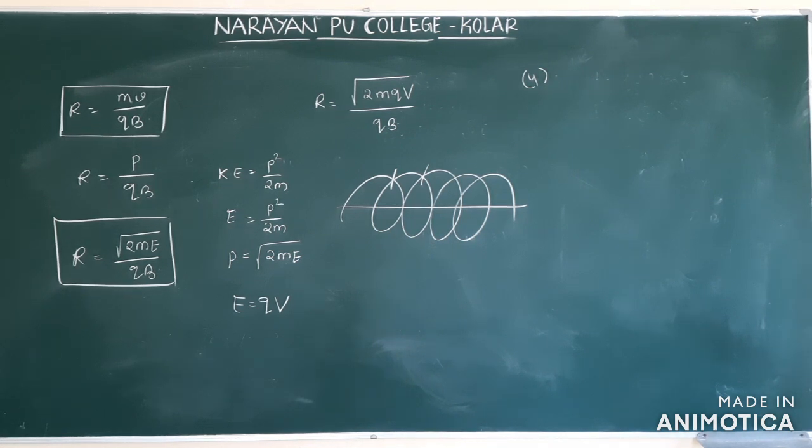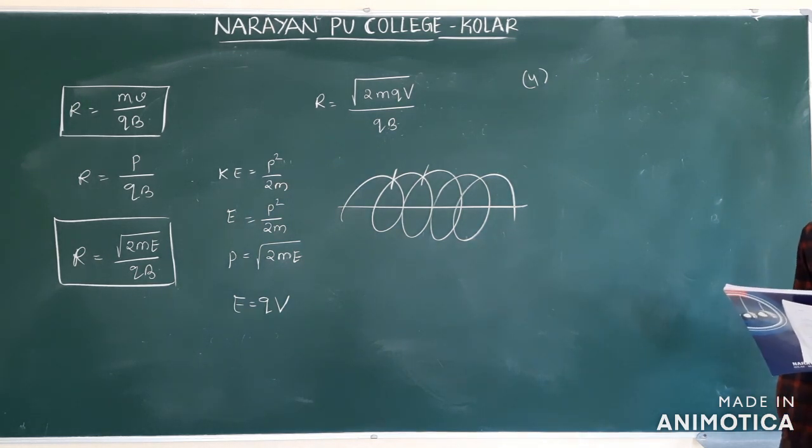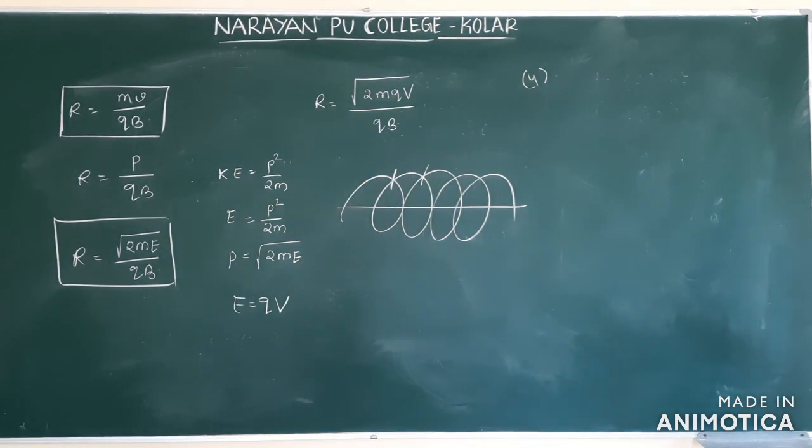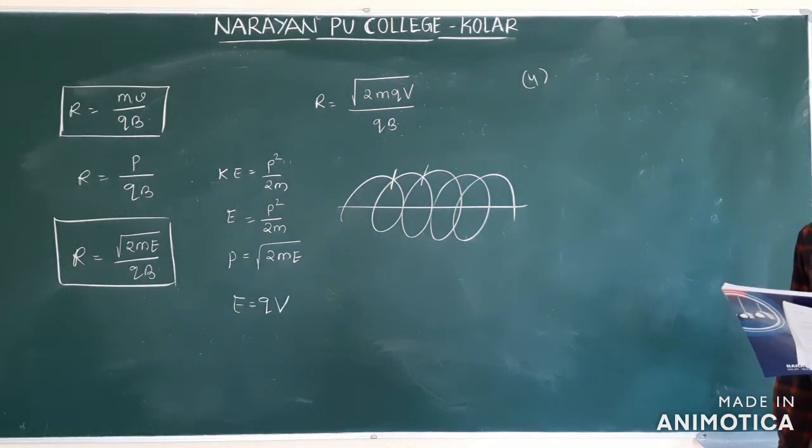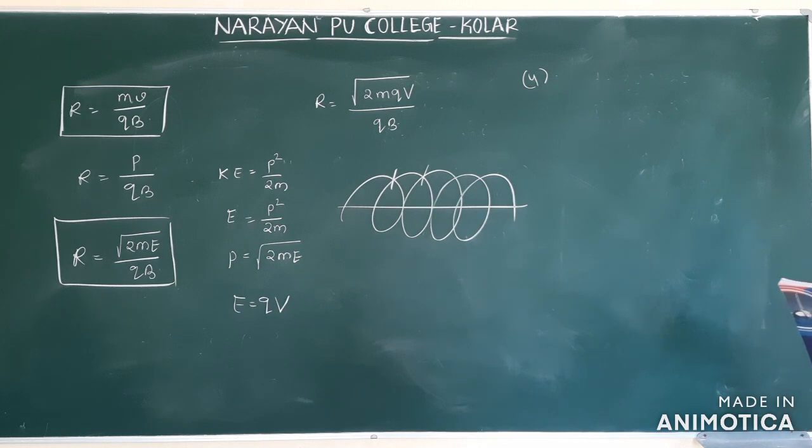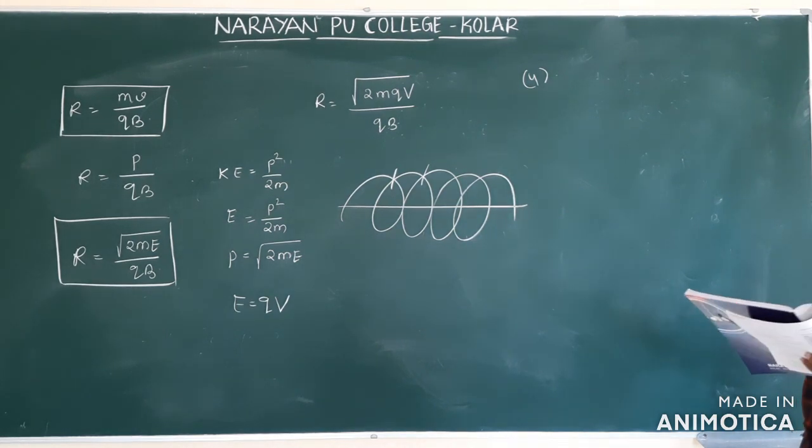Find the magnetic force in vector form and the magnitude of acceleration. Next, a magnetic field 8 k cap T exerts a force 8 i cap plus 6 j cap Newton on a particle having charge 2 coulomb and going in the xy plane. Find the velocity of the particle.